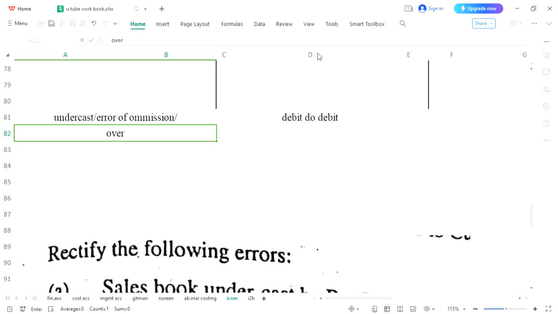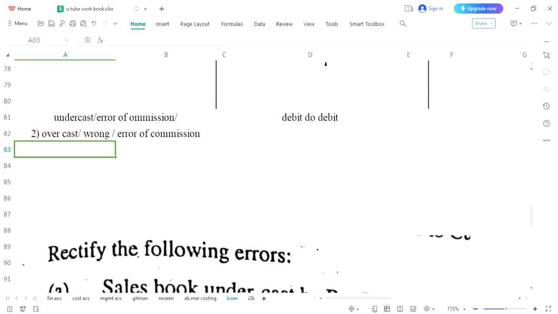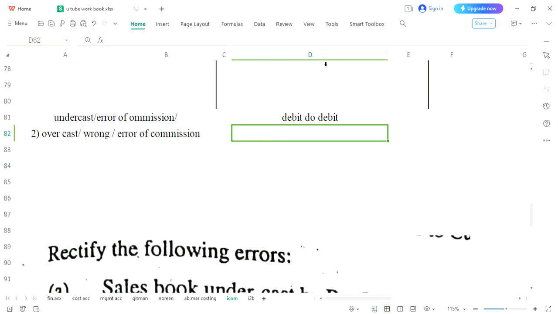Then we have another error we understood, that was overcast. In overcast, we have understood any entry which is wrong, and it is also called error of commission. Under this, if it is debit, we will make an opposite entry at credit side, and if it is credit, we will write it on the opposite side.